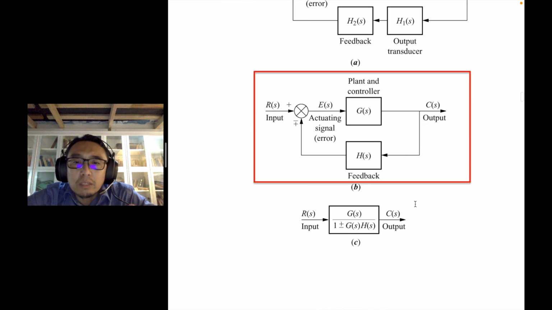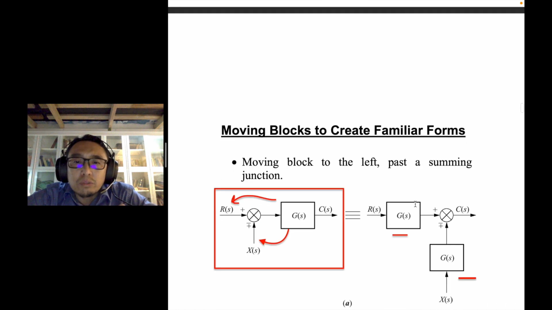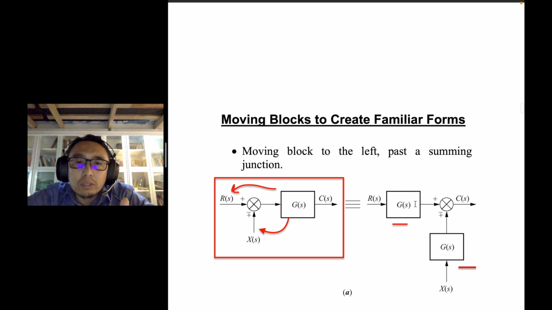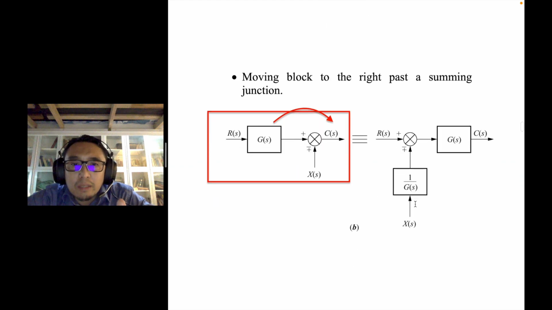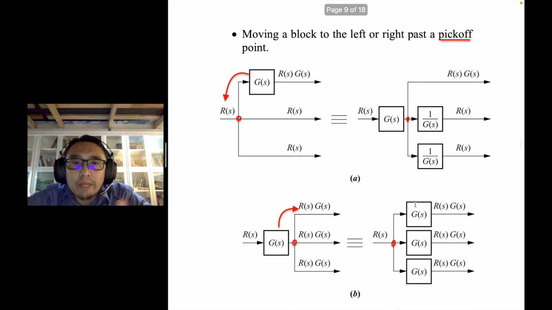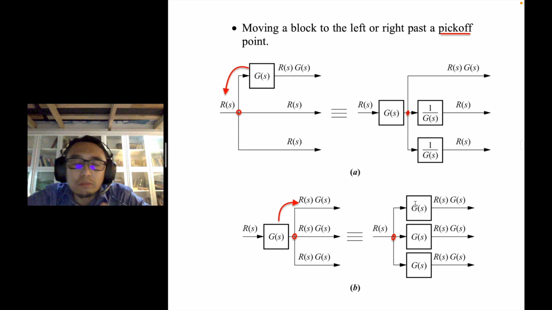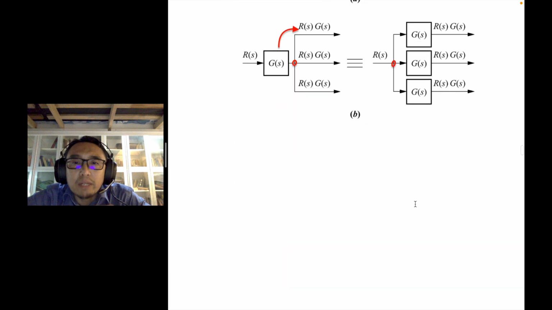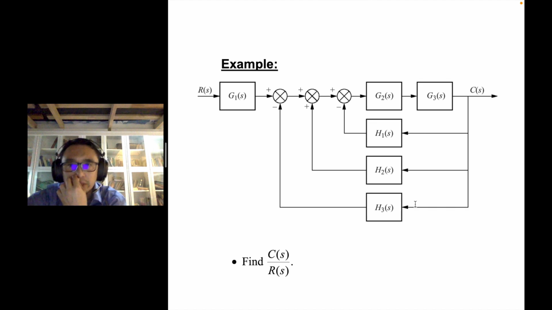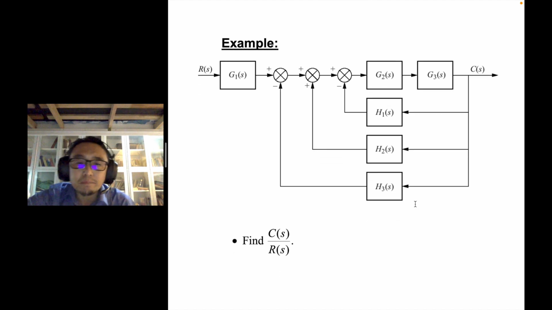And then I've shown you simply how to move blocks from after to before a summing junction, and vice versa, and also from before and after a pickoff point. So make sure you know these rules, then you can use them to simplify complicated block diagrams such as this one. So let's look at an example.